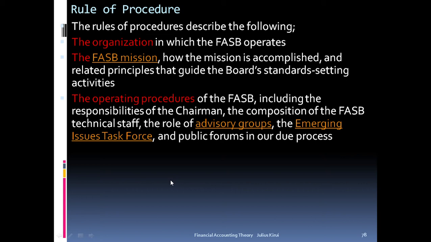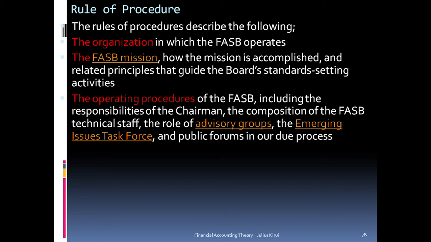Number 3, the operation procedures of the Financial Accounting Standard Board, including the responsibility of the chairman, the composition of the board, technical staff, the role of advisory groups, the Emerging Issues Task Force, and public forum in our due process.